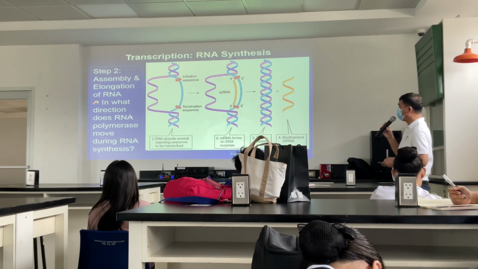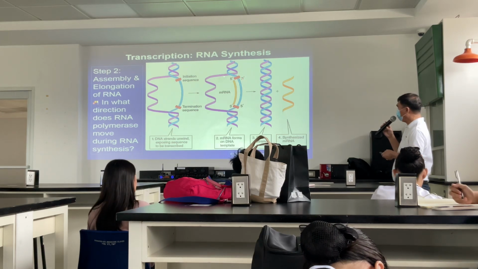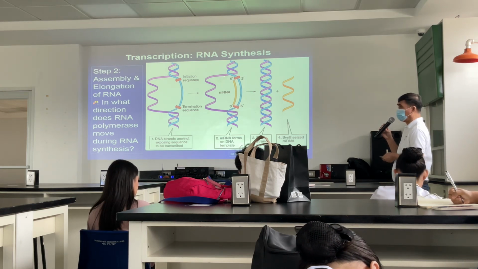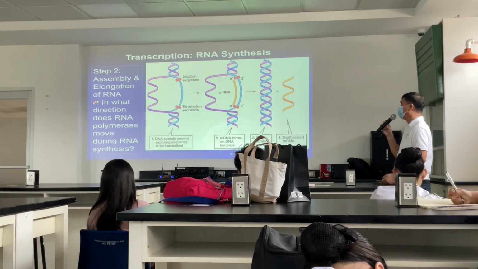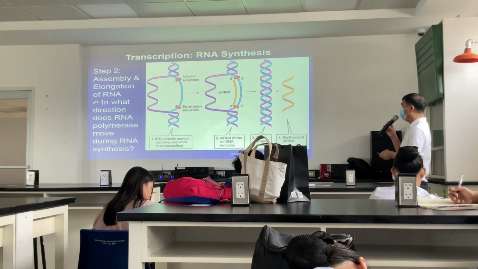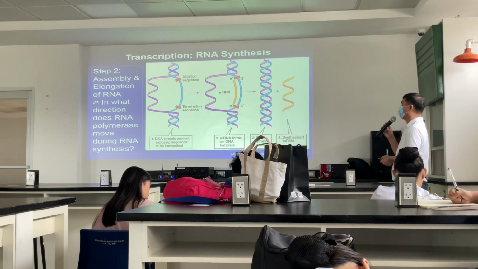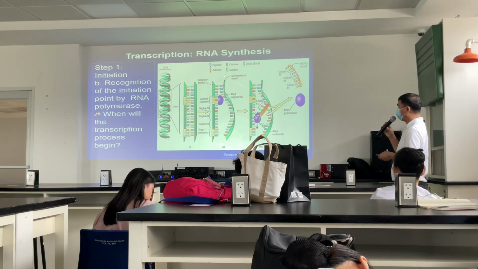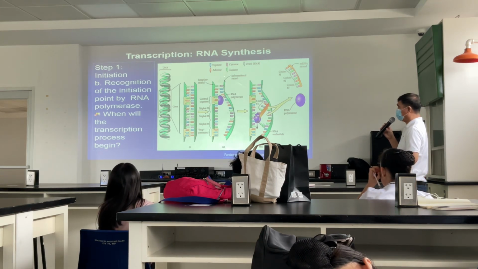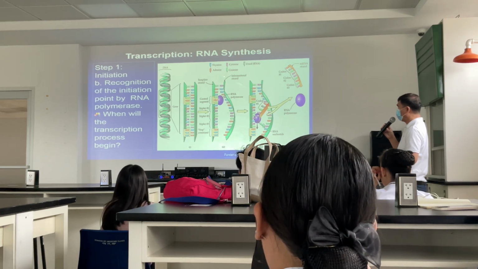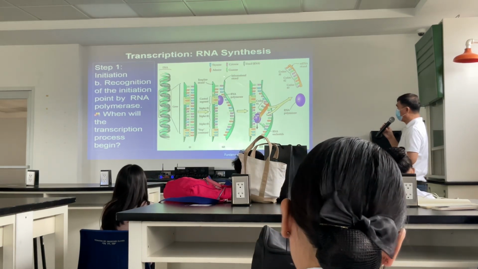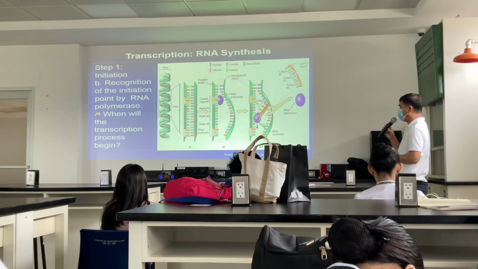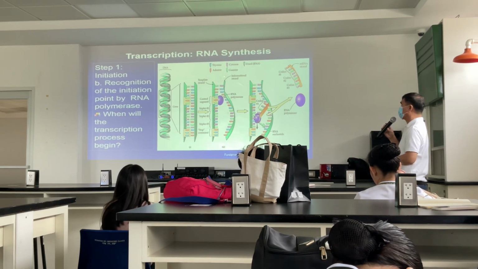The RNA polymerase will move from the 3' to the 5' end of the template strand. Okay, let's go back so that we can see it. So this is the 3' to the 5' end. This RNA polymerase will move, starting here, moving down, until there is a termination sequence.